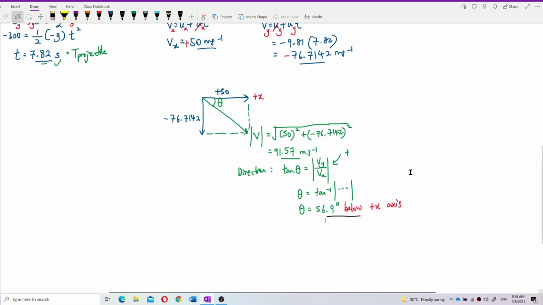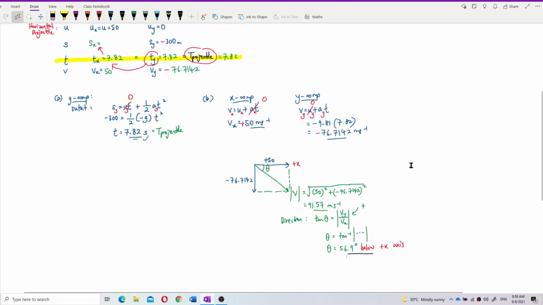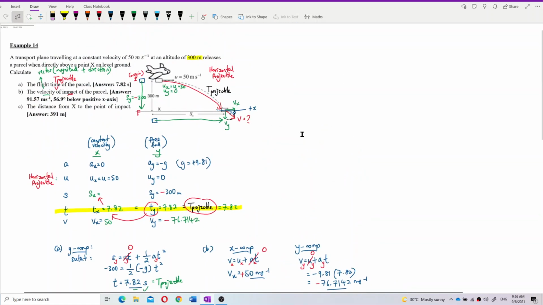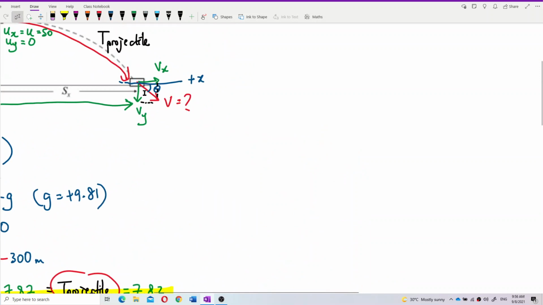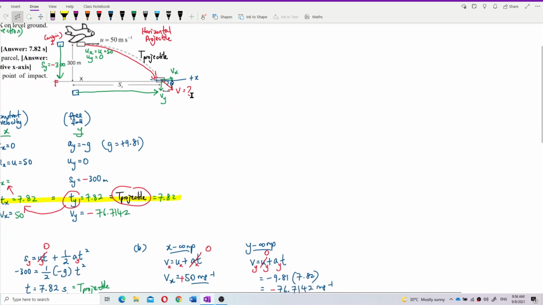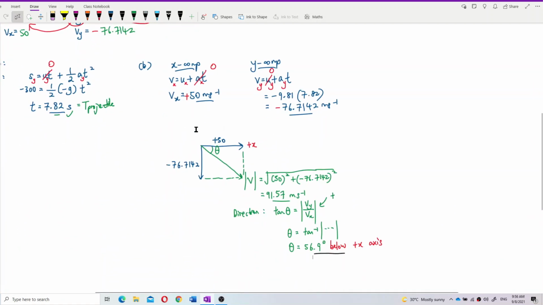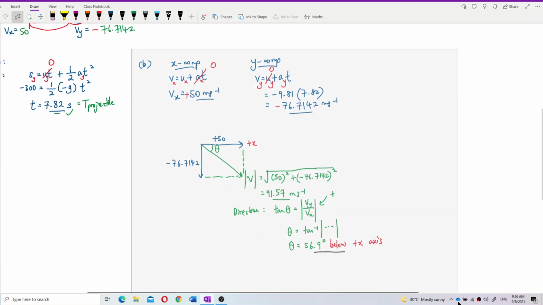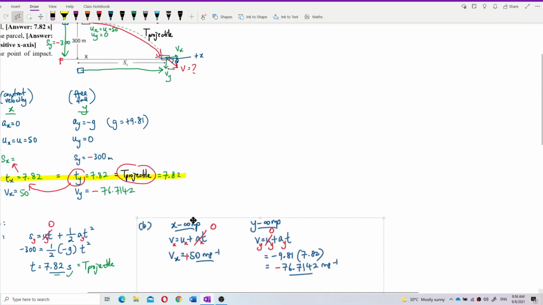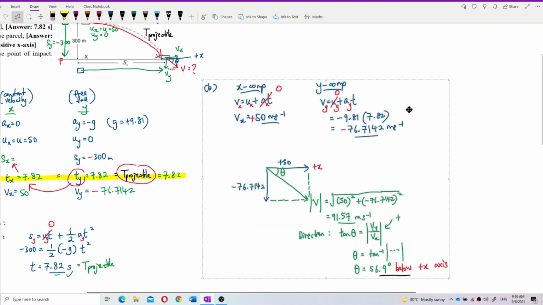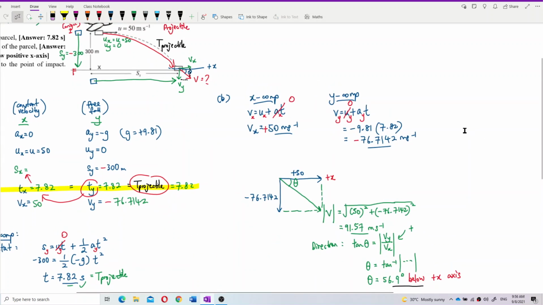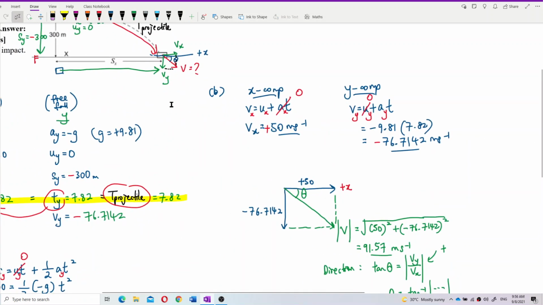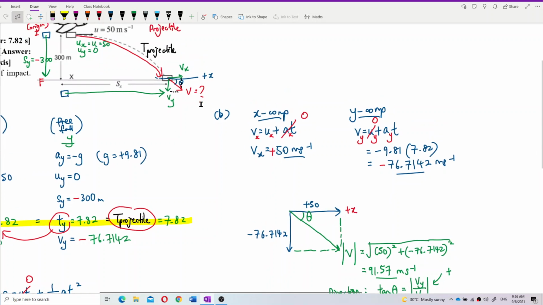So is the answer correct? Look at this one, we predicted it's like this, isn't it? So yes, it is correct. Maybe you can drag this to the top, right over here, so you can compare. Indeed, we got Vx positive, going to the right. Vy we get negative, negative means going downward.